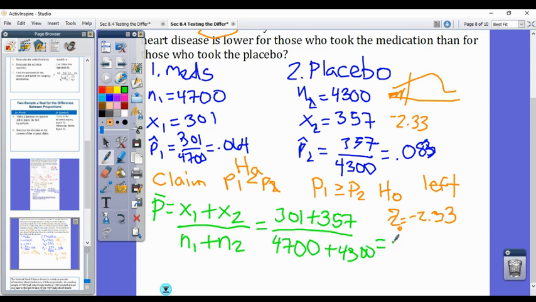Okay, so that is going to give me a p-bar value of 0.0731. Which means my q-bar, which is 1 minus p-bar, is going to be 0.9269. Okay, I'm so paranoid that I did the same thing on the last example. Did I put the wrong numbers?